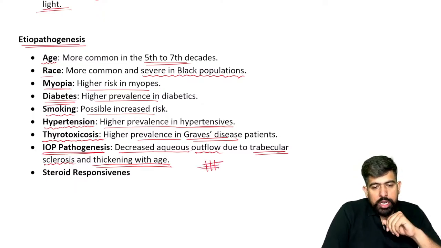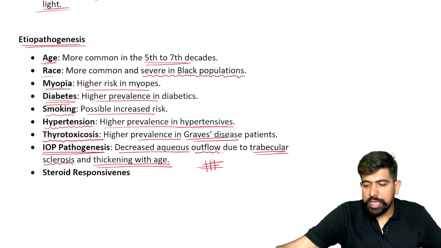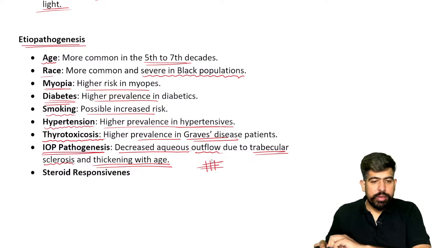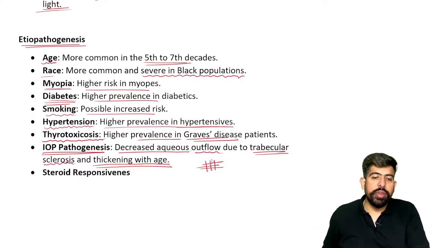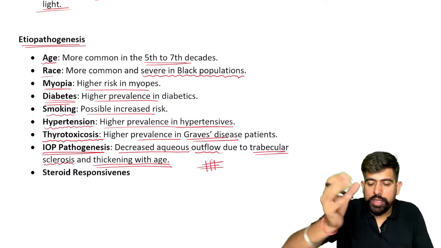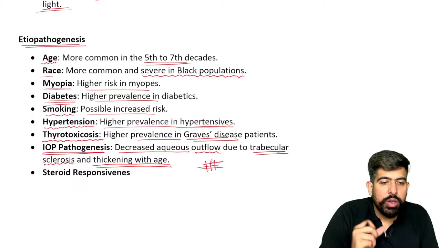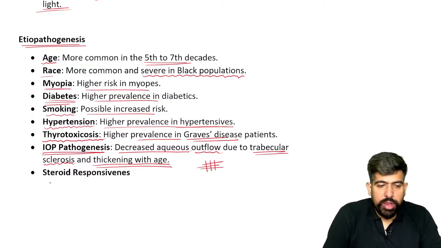Now this meshwork is having sclerosis, meaning hardening of it. Why is it hardening? Because of age, or we can say thickening of it. Now this meshwork is getting thicker, so due to this thickening the aqueous cannot flow out. This outflow is obstructed, right?